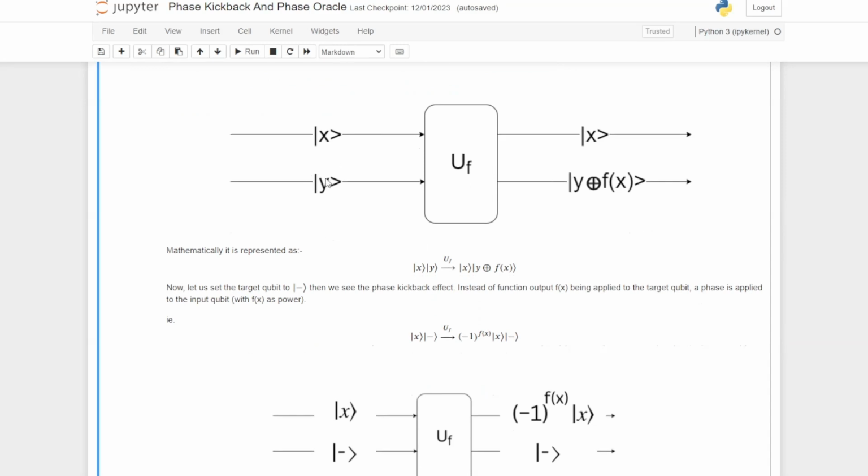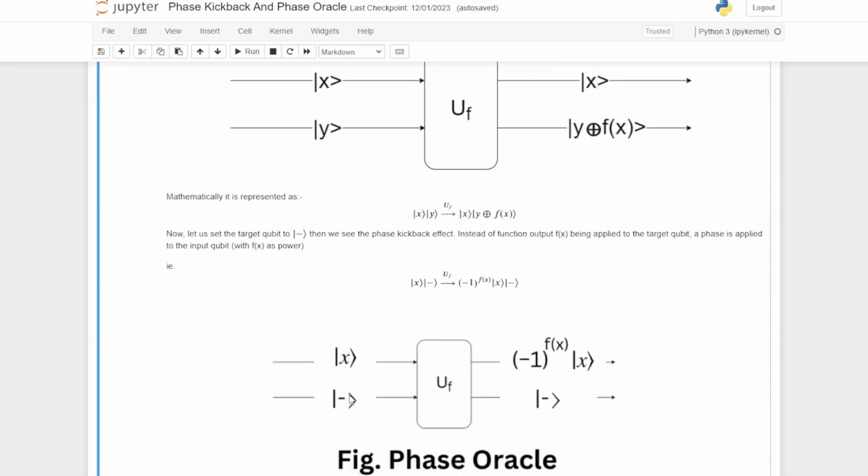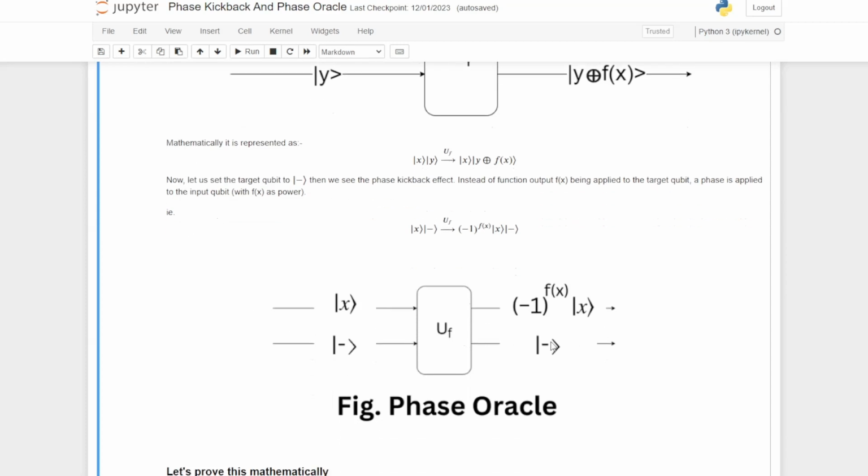Now if we hard code this y as the minus state, then similar to the last example we saw, we get this minus state as it is here, but our primary qubit will be affected because of the state of this minus, such that this minus one is attached to this x.